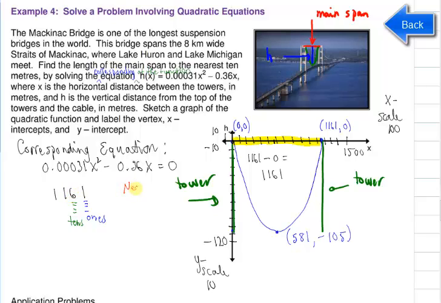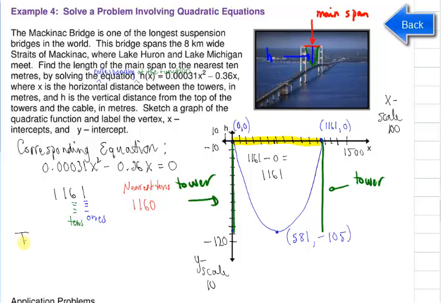So to the nearest 10, our distance is 1,160 meters. Now let's say that we had a 5 in the 1's column. Then we would use that 5 to round the 6 up to 7, and then to the nearest 10 would have been 1,170 meters.